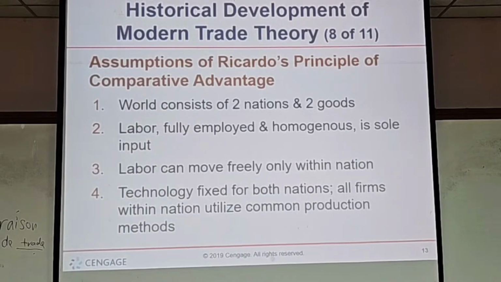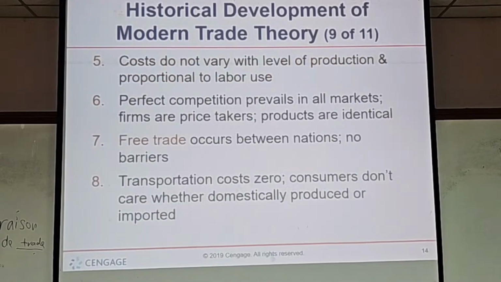All firms within the nation utilize common production methods, the same type of methods. Consumers do not care whether they buy a product produced domestically or abroad. Costs do not vary with the level of production. Firms make production decisions based on proportional level of use. Constant cost: you add more, the cost is still constant. Consumers maximize satisfaction. Prices in their decisions. Perfect competition prevails.